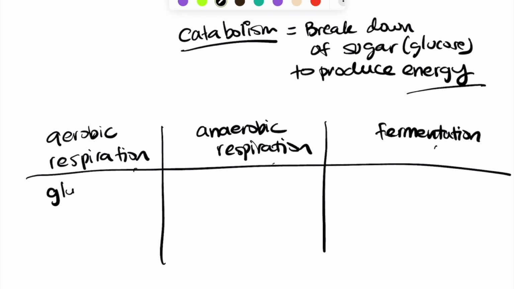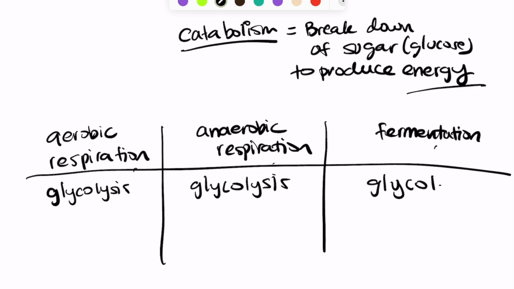So this one starts with glycolysis. This one starts with glycolysis. And this one starts with glycolysis. So regardless of if there's oxygen or whatever their requirements are for each of these pathways, glycolysis is the start of all of these pathways.